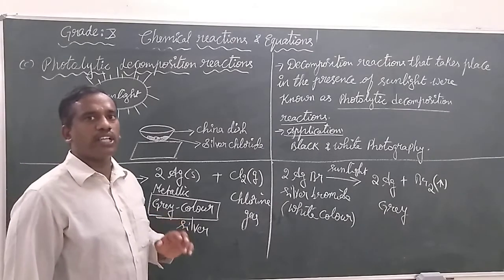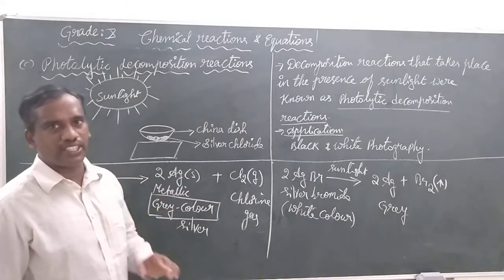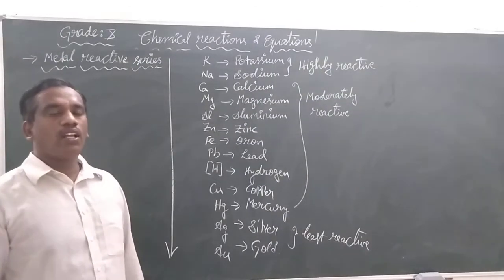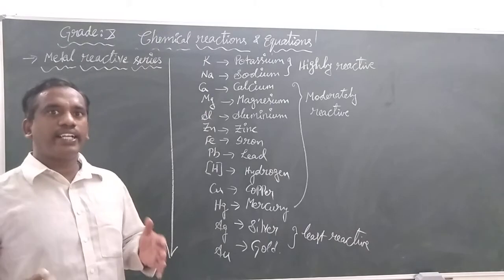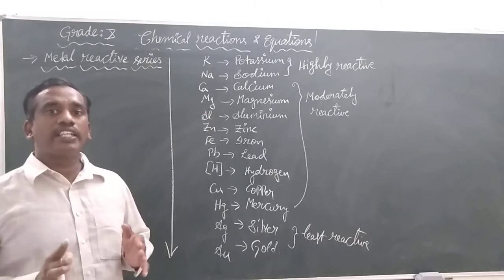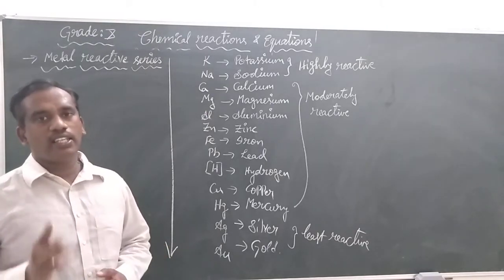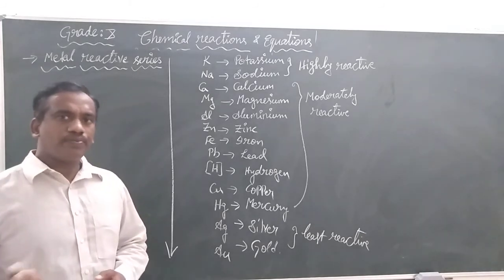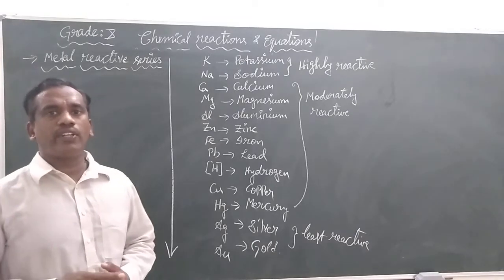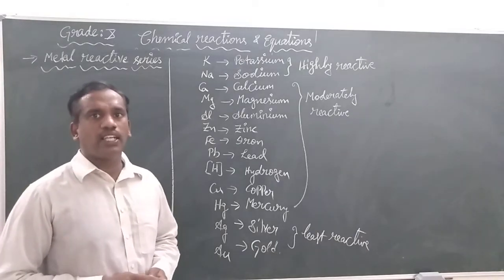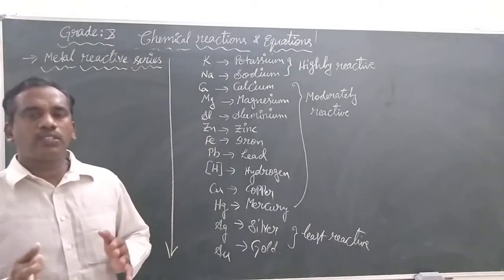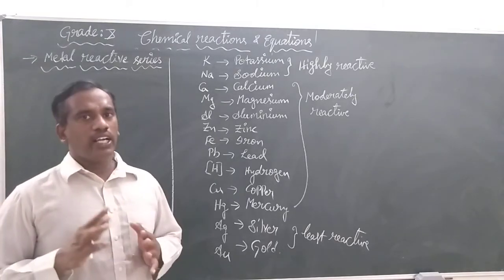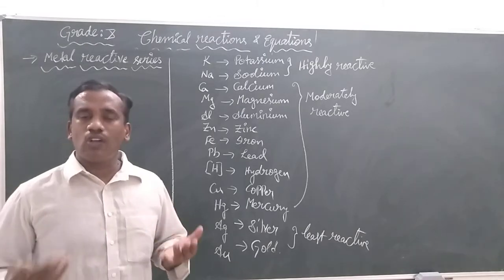The third kind of chemical reactions is the displacement reactions. Before we go into the displacement reactions, let us have a small question or round. Can you say the metal that is not at all reactive?